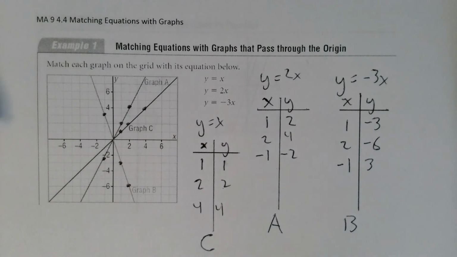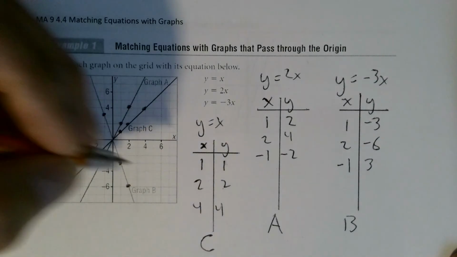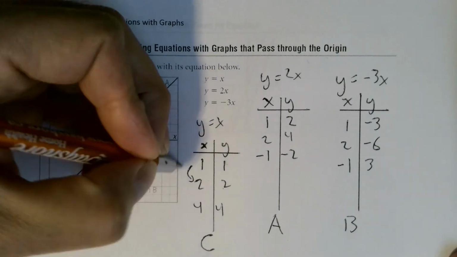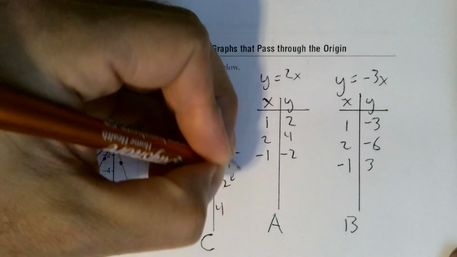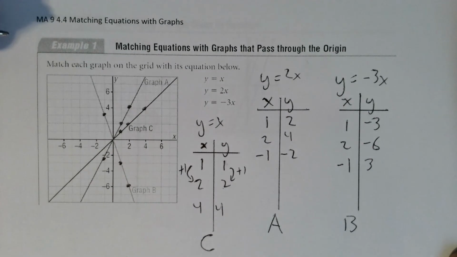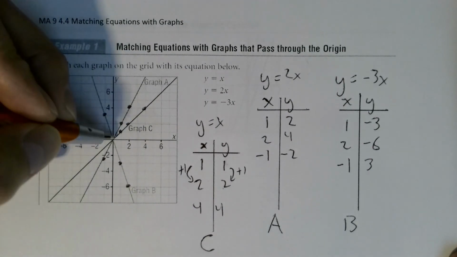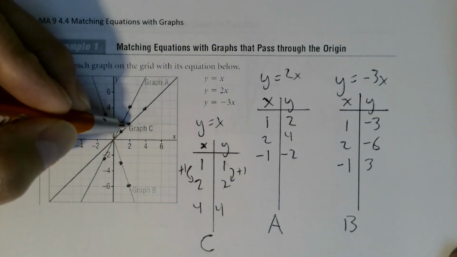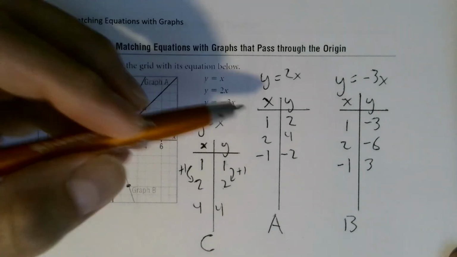The reason why the government has this on the list of things they want you to learn is, hopefully you guys remember in previous lessons when we were talking about the patterns, these would all be going up by 1. So that's going to be over 1, up 1, over 1, up 1, over 1, up 1. Same here.